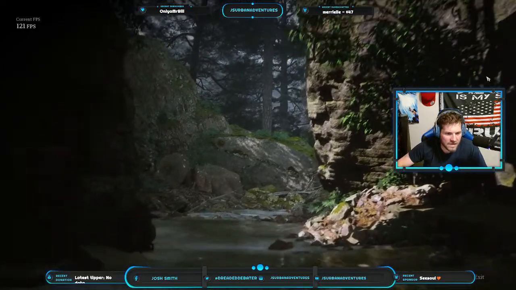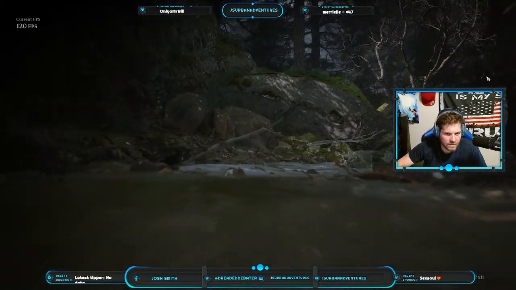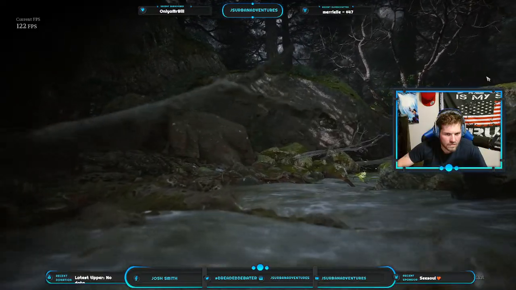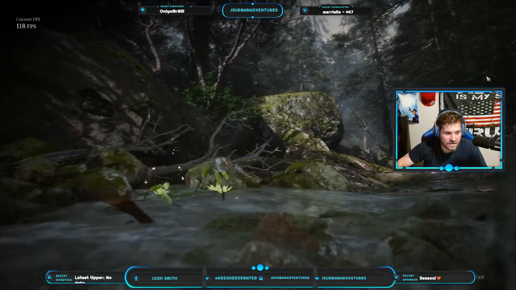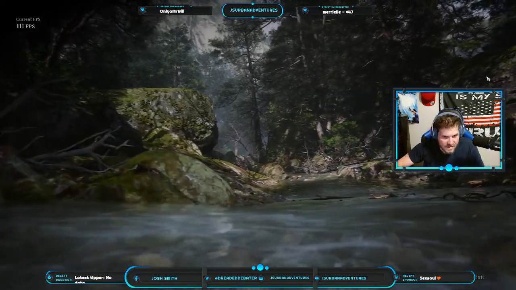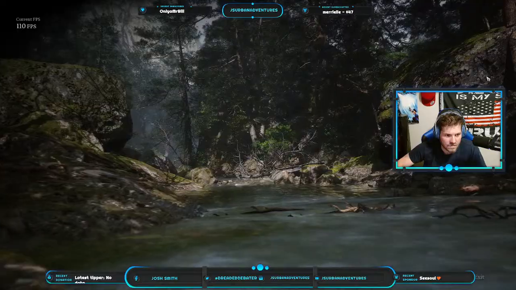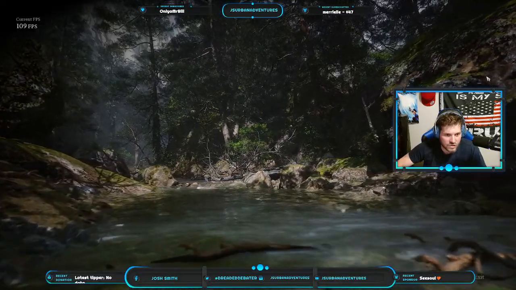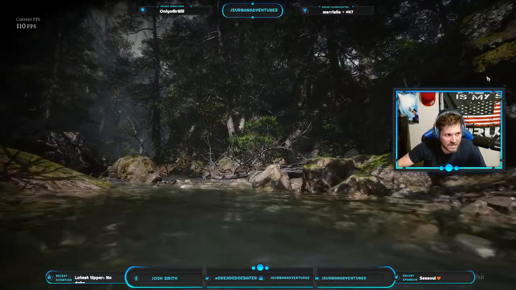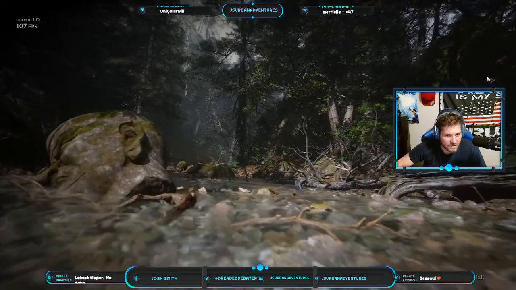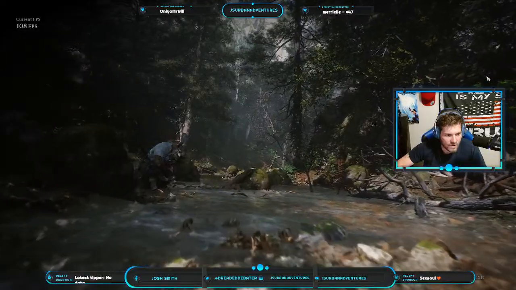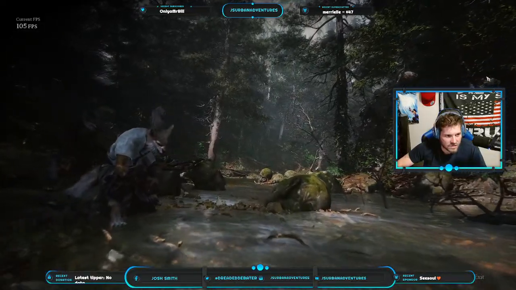Ray tracing is at medium instead of very high. DLSS is at 2x instead of 3x or 4x. There's a little bit less detail on those sparkles. But we are maintaining 109, 110. Like, I'd rather not have the high frame generations.